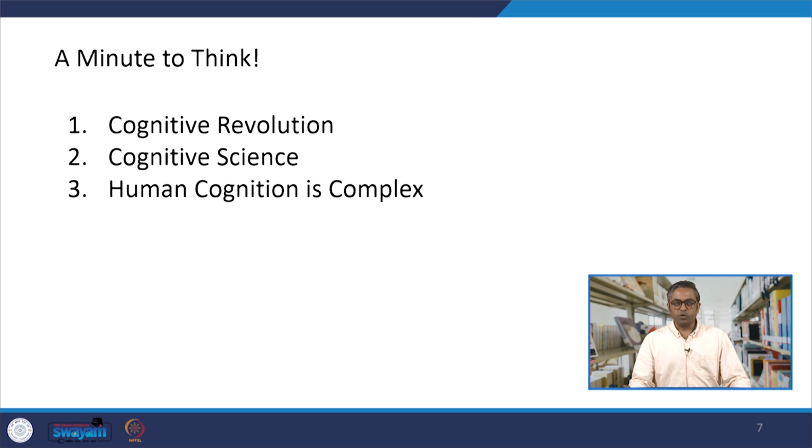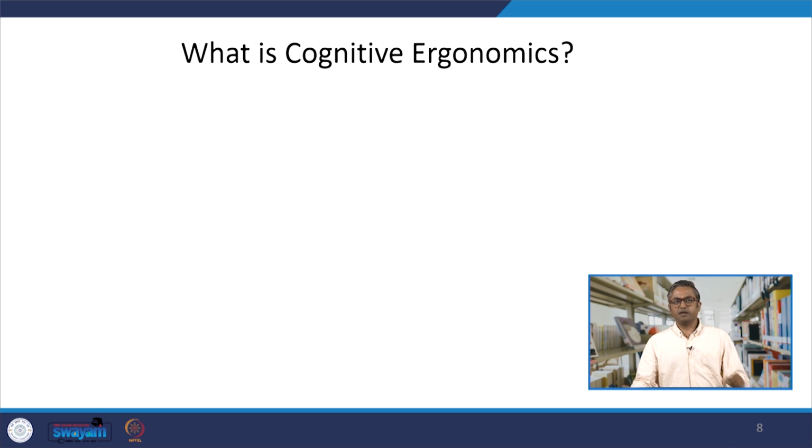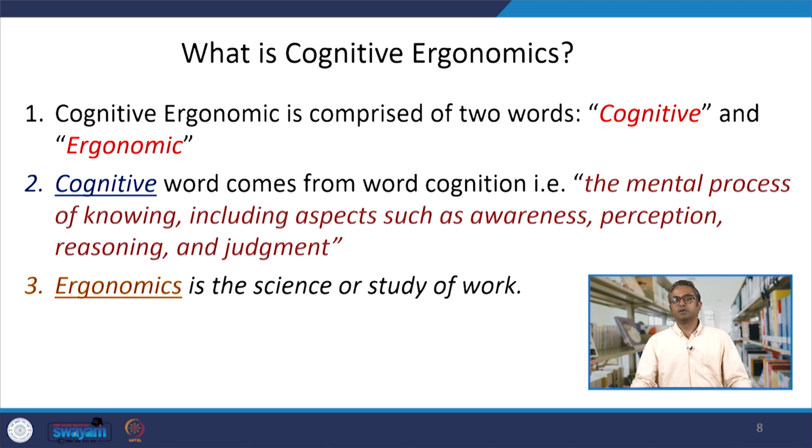Let me take you forward and explain it to you. What is cognitive ergonomics now? And what does it mean? As I explained earlier, what is cognitive science?